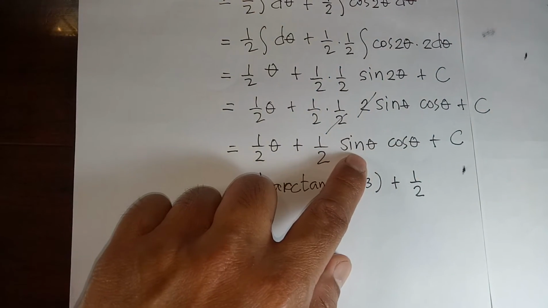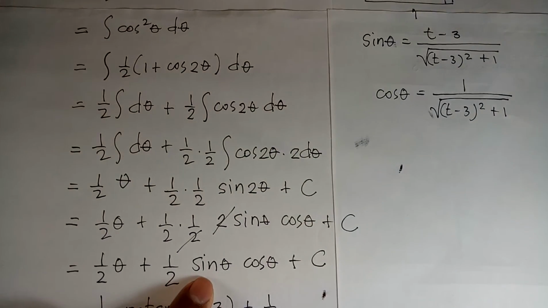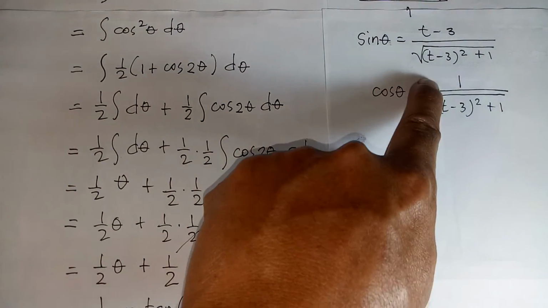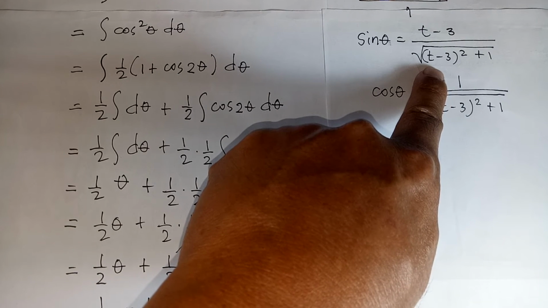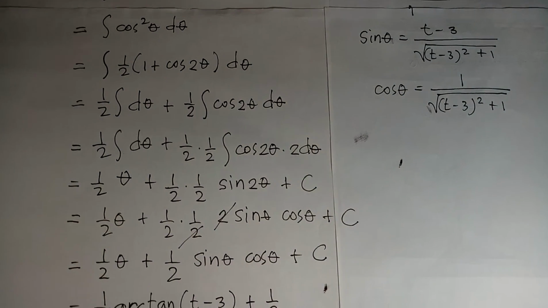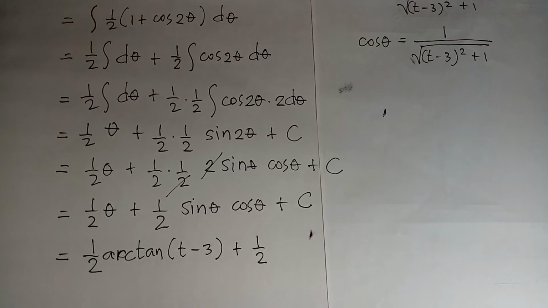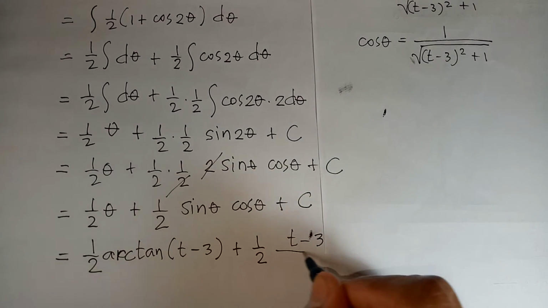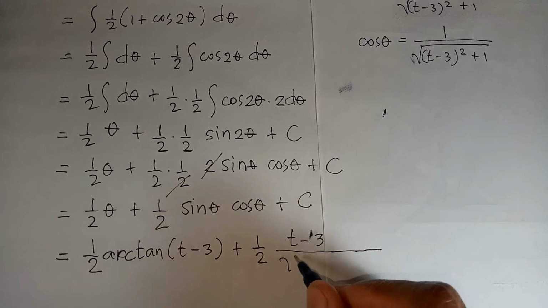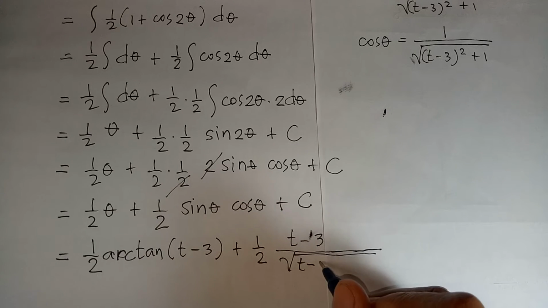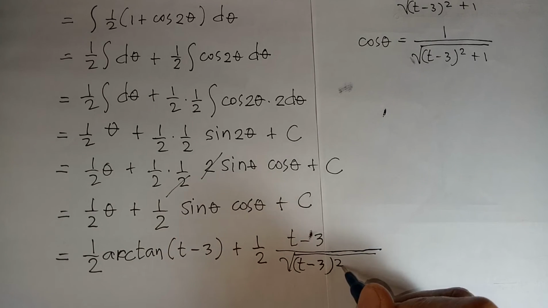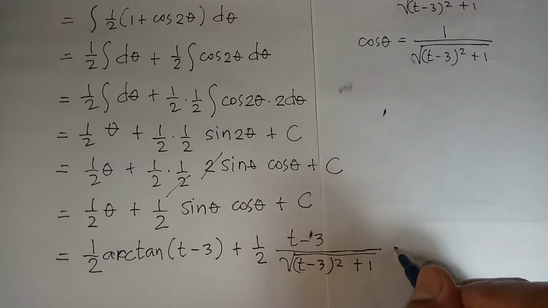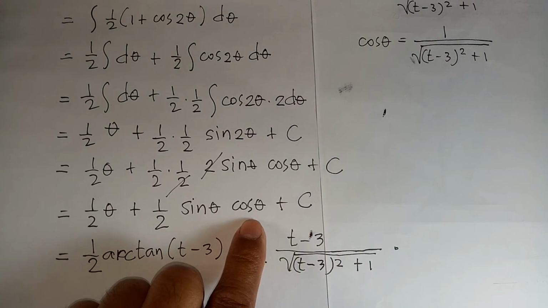And then, sine of theta. You see, sine theta equals t minus 3 divided by the square root of (t minus 3) squared plus 1. Papalitan natin siya nun. So, meron tayong t minus 3 divided by the square root of (t minus 3) squared plus 1, and then times cosine of theta.